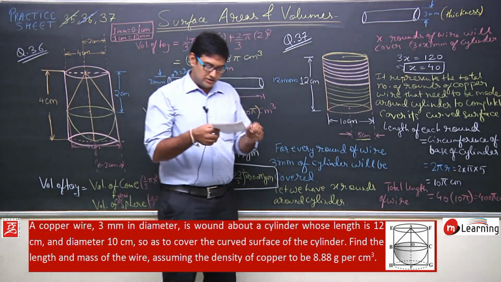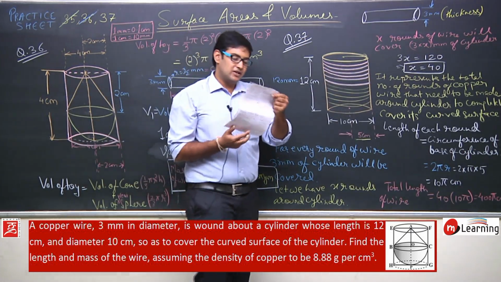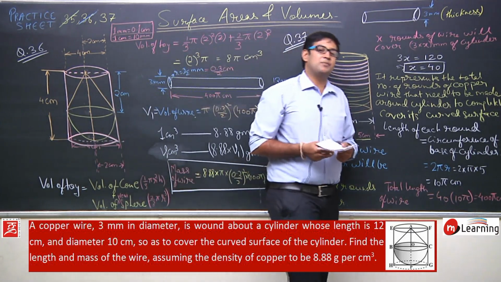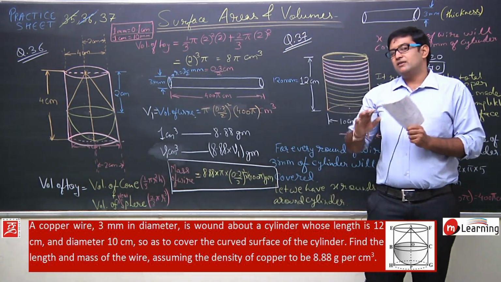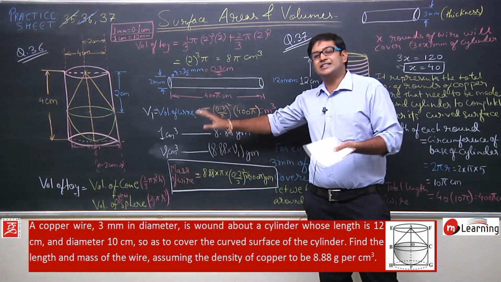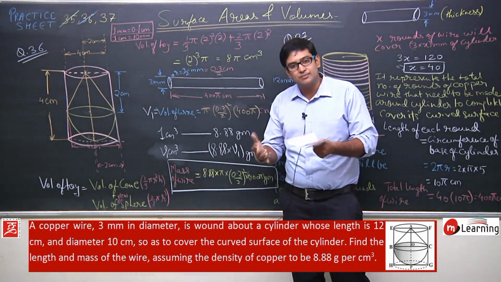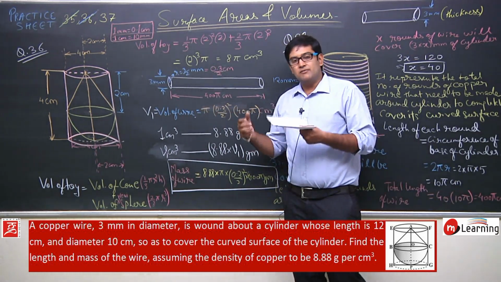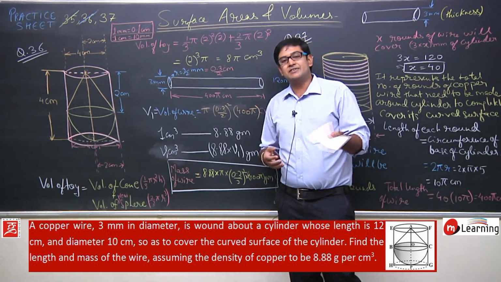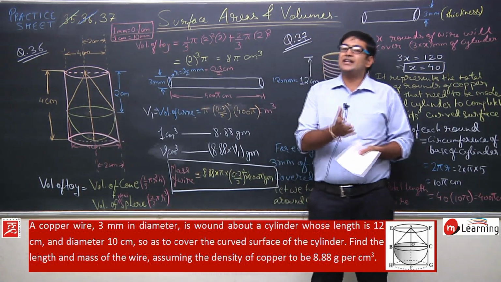Density is given, and density is equal to mass upon volume. But we are not going to use the formula for density. You just need to understand the significance of density, the concept of density. The density is given as 8.88 grams per centimeter cube.